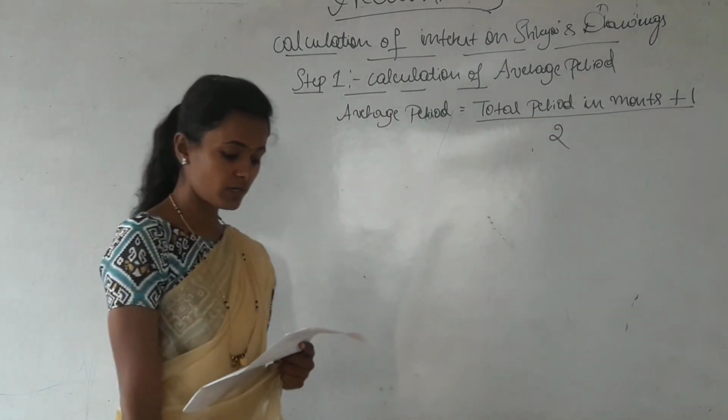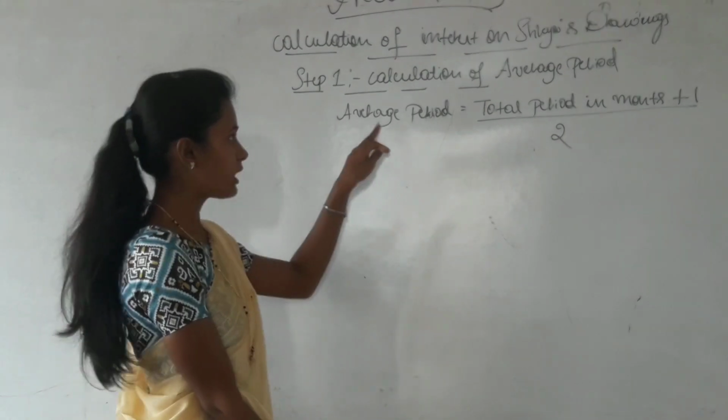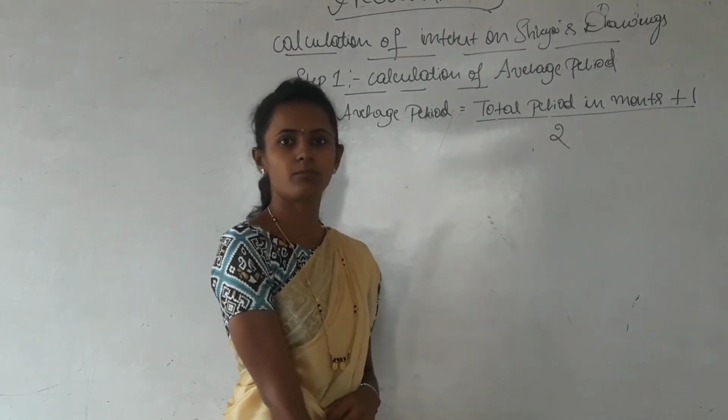In the case of a beginning, that is if the drawings are made in the beginning of a month, then the formula is average period is equal to total period in months plus 1 divided by 2.